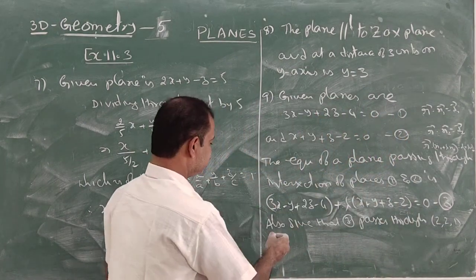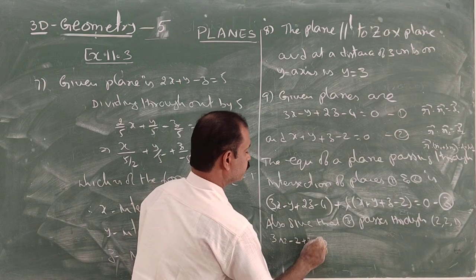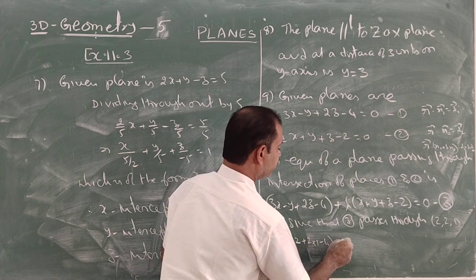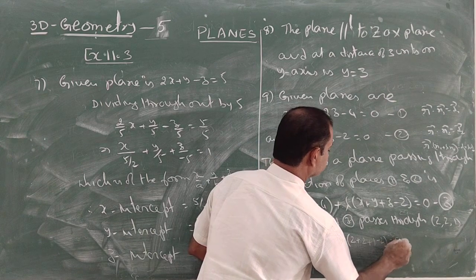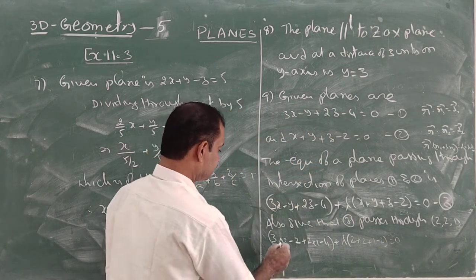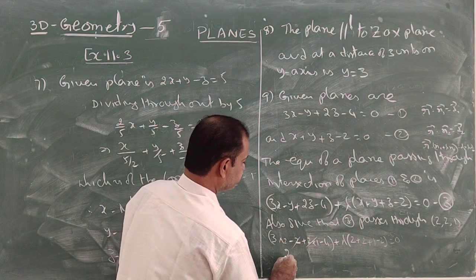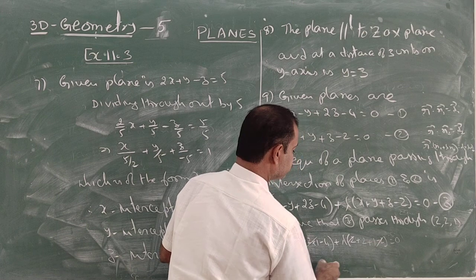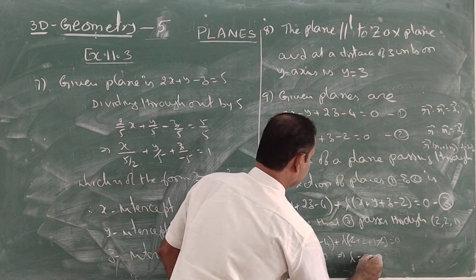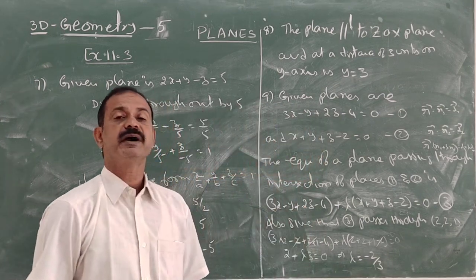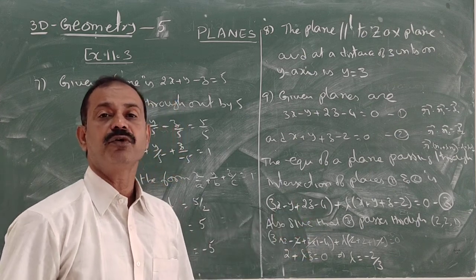Just substitute it: 3 into 2 minus 2 plus 2 into 1 minus 4 plus lambda times (2 plus 2 plus 1 minus 2) equals 0. Now minus 2 plus 2 gets cancelled, 6 minus 4 is 2, 2 minus 2 gets cancelled, plus 3 lambda equals 0, which implies lambda equals minus 2 by 3. Why are we giving all this condition? Just to find the value of lambda.